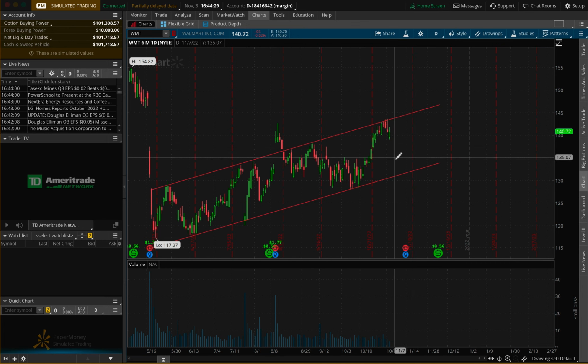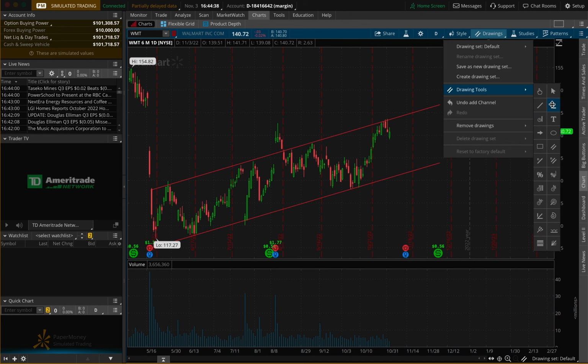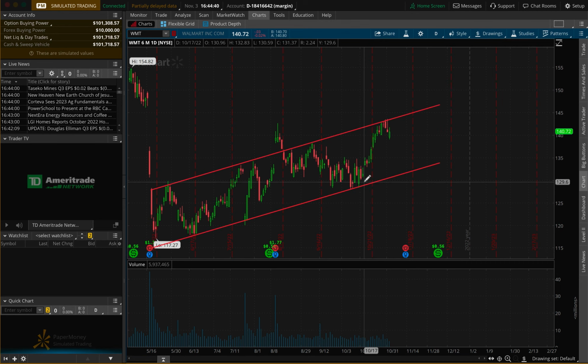So we would expect it to drop down here but stay above probably this support right here. If I could draw that real quick. Price level is going to be somewhere around this area here. That seems to be a support somewhere right there. Okay, so we wouldn't expect it to go past maybe 130, and we would aim for this to be somewhere around 140 probably.